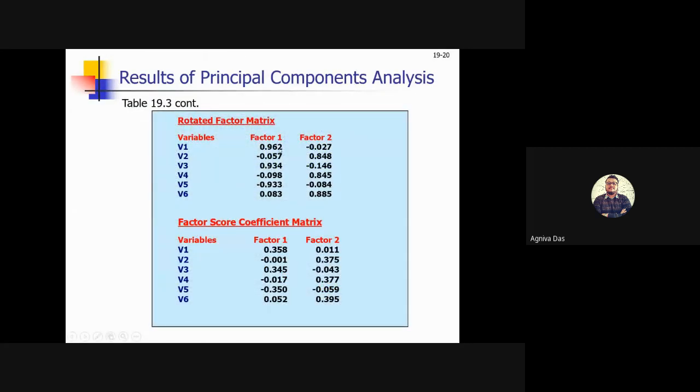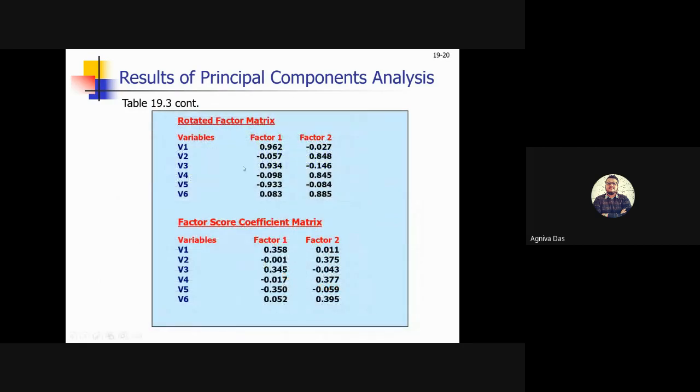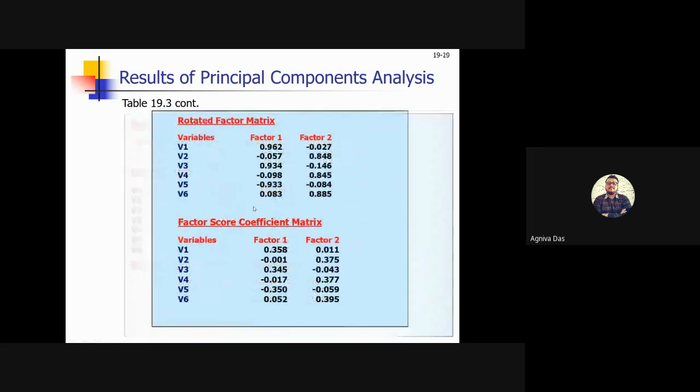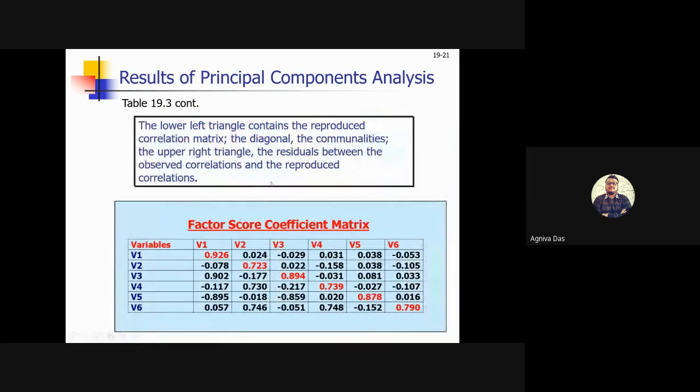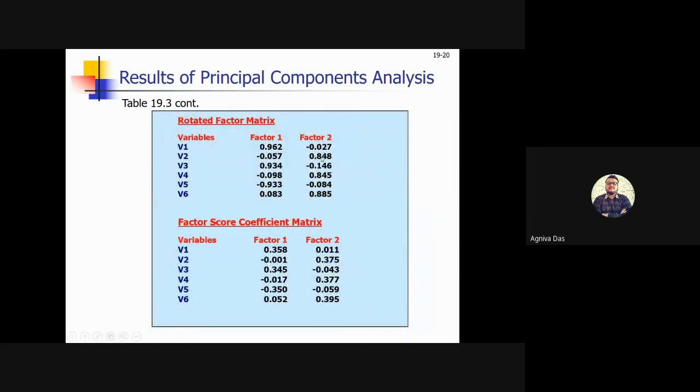And for V2 also, as you can see, 0.723, 0.848 something.